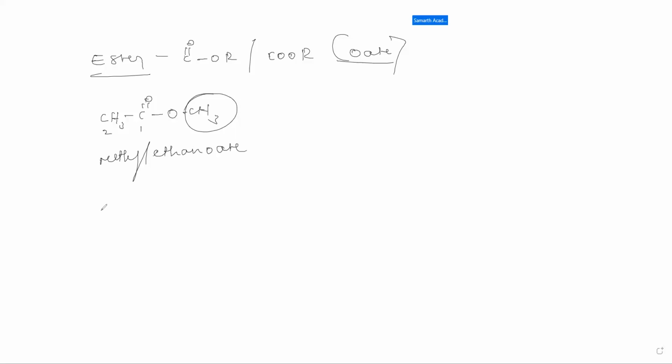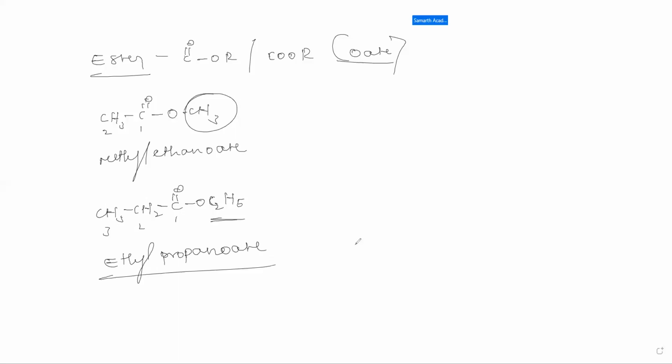So methyl ethanoate. This is prefix ethyl, 1, 2, 3, propanoate. So ethyl propanoate.